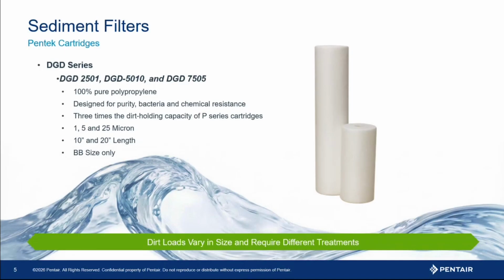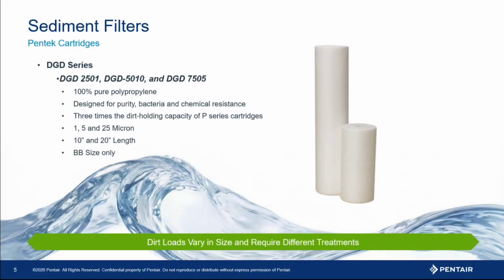And the next time you see it, what will happen is the dirt load will stratify out inside the cartridge, kind of like tree rings in a log being cut. You'll be able to see where the dirt stops. And let's take the 2501. If it stops about halfway through that cartridge, I know that dirt load is going to be 10 micron and larger.